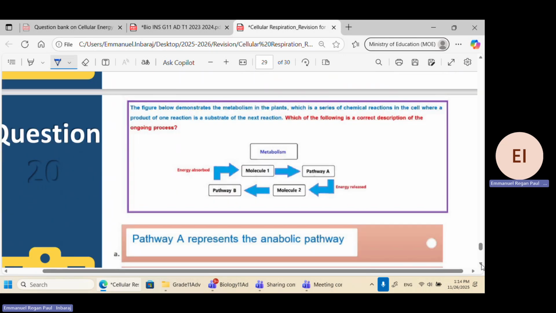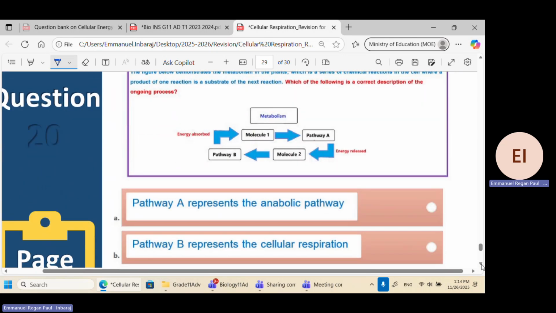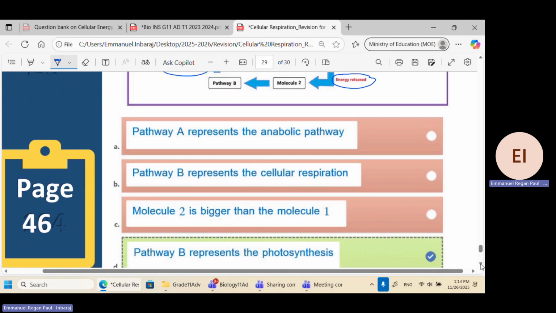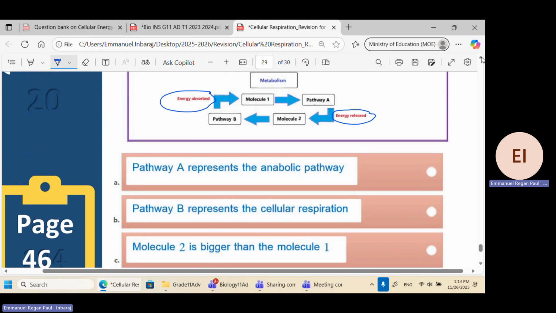Let's go again, which is the correct description of the ongoing process. You know that energy is released, catabolic; energy is absorbed, anabolic. So which process is catabolic? Respiration is catabolic.